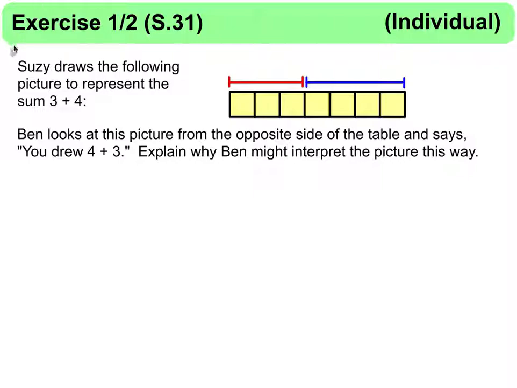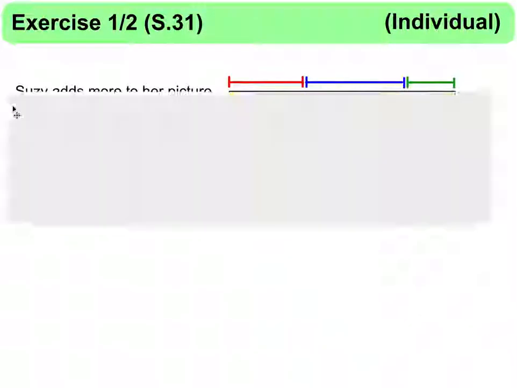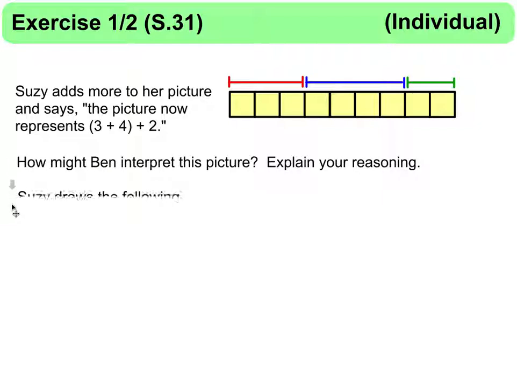Now, when we continue to look at it, the teacher may bring up this following idea. Susie decided to add more to her picture. She says, well, now the 3 plus 4 that I originally drew now has a plus 2 on it. So now she's defining it as 2 individual parts: the 3 plus 4, which was the original picture that she drew from here to here, and now she's adding 2 more to the end of that particular table.